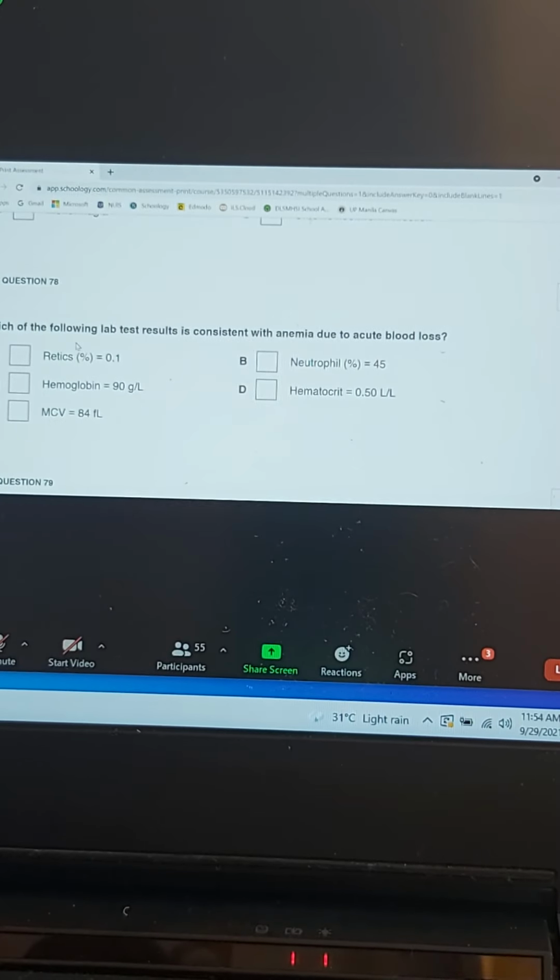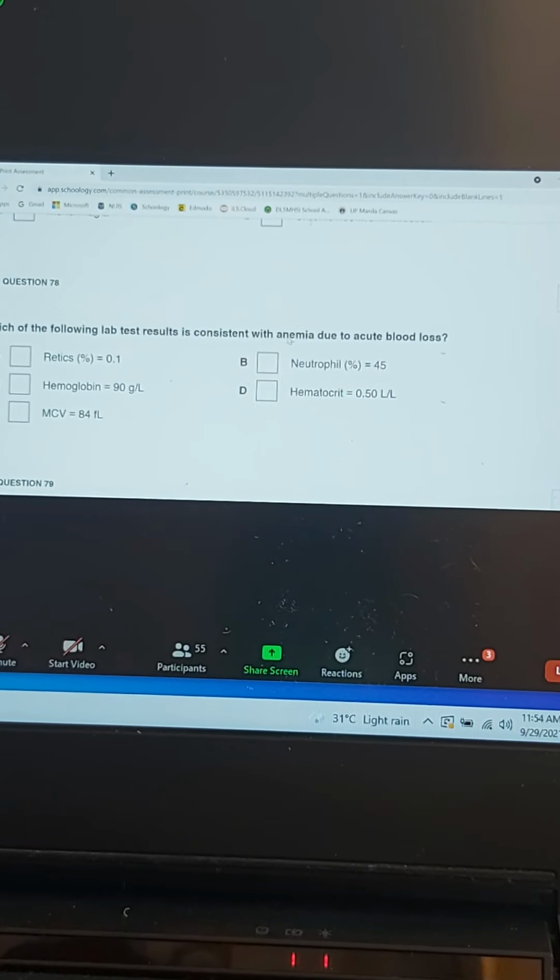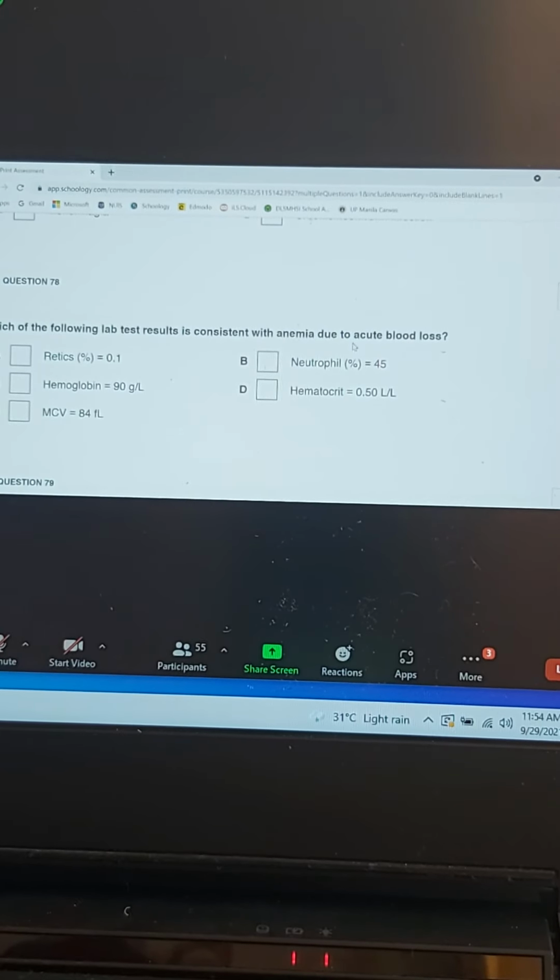So 78. Which of the following lab test results is consistent with anemia due to acute blood loss? Alin daw dito sa mga test results consistent with acute blood loss? Letter B po.